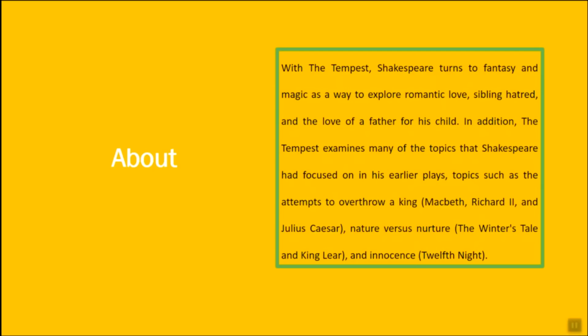Topics such as attempt to overthrow a king. For example, Macbeth, Richard II, and Julius Caesar. Then, nature versus nurture. For example, The Winter's Tale and King Lear, and innocence in the play Twelfth Night.